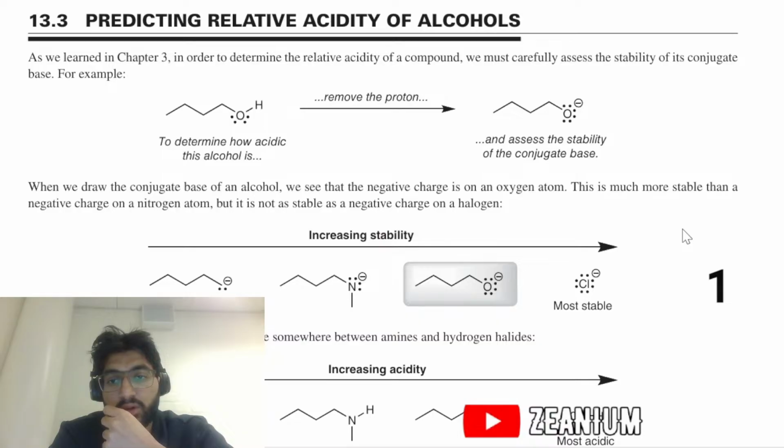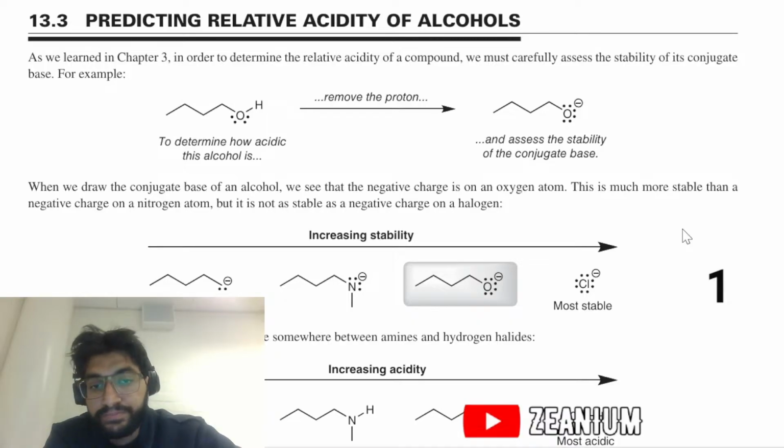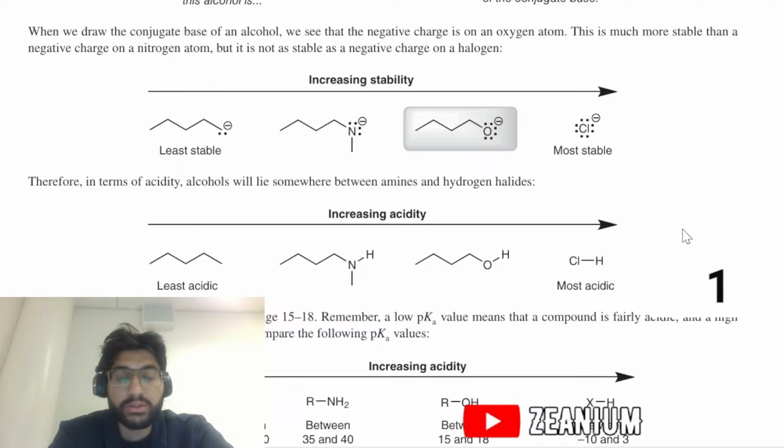When we draw the conjugate base of an alcohol, we see that the negative charge is on an oxygen atom. This is much more stable than a negative charge on a nitrogen atom, but it's not as stable as a negative charge on a halogen.